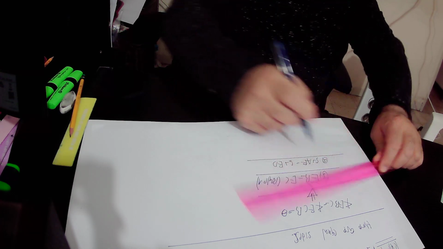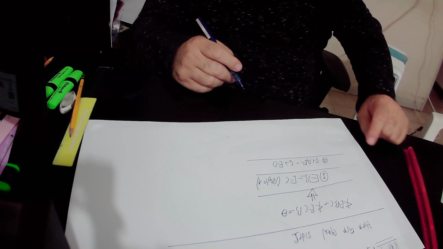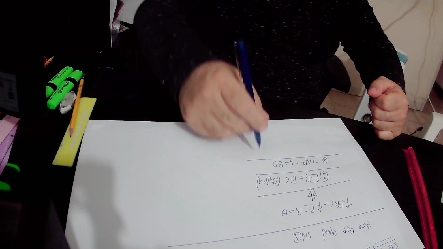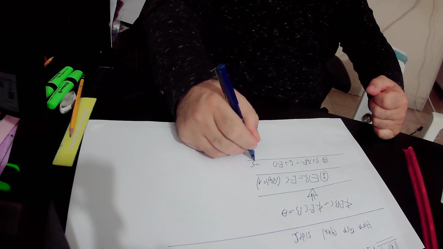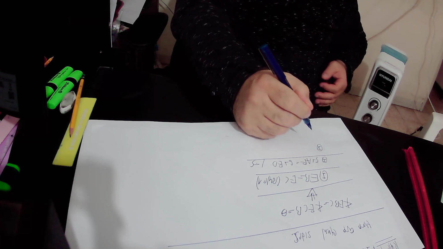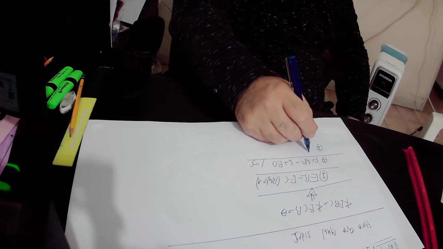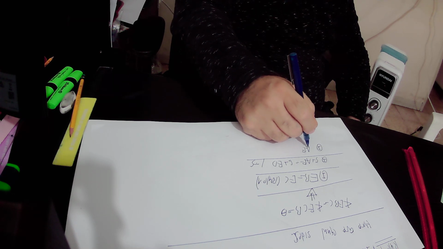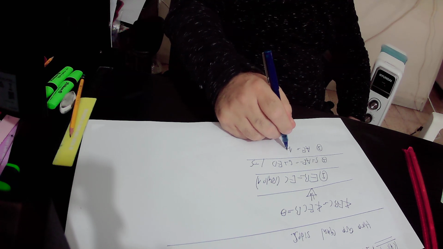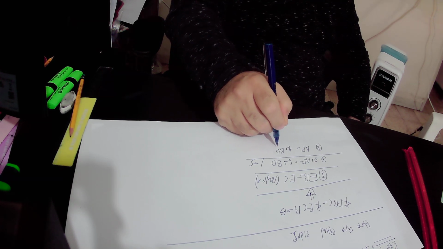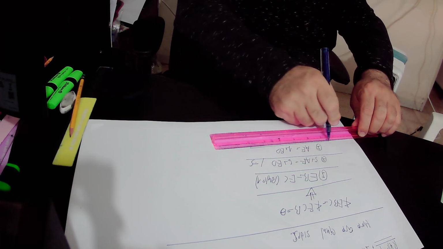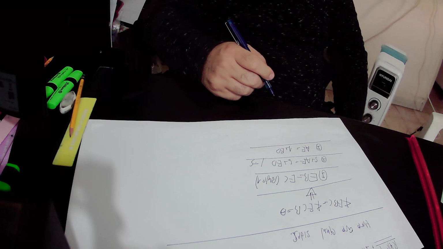So, according to equation number 1, 5 plus AE equals 6 plus ED. We subtract 5 from equation number 1, and we will get that AE equals 1 plus ED.